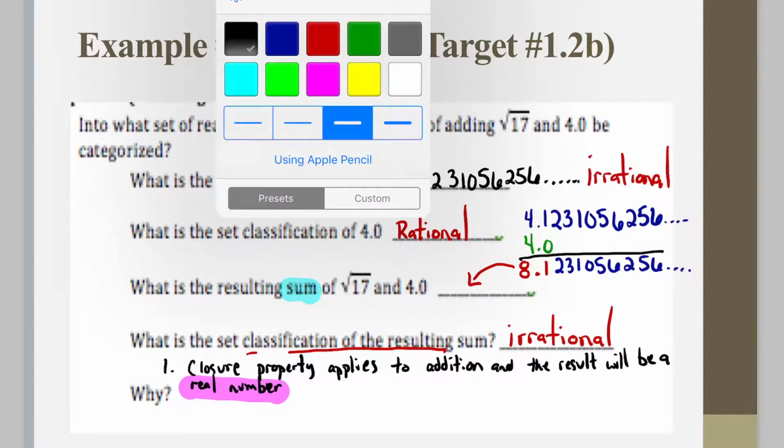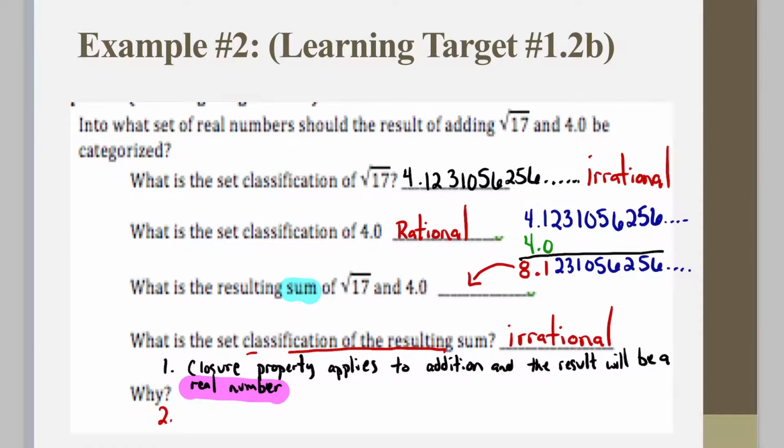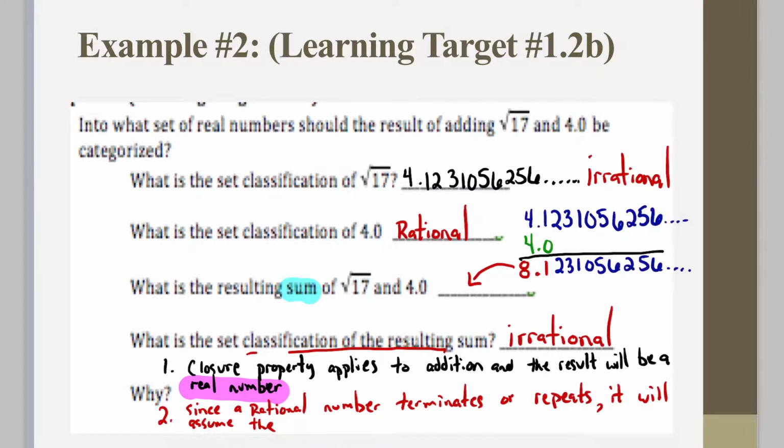And the reasoning that this occurs is that since a rational number terminates or repeats, it will assume the properties of the non-terminating, non-repeating set.